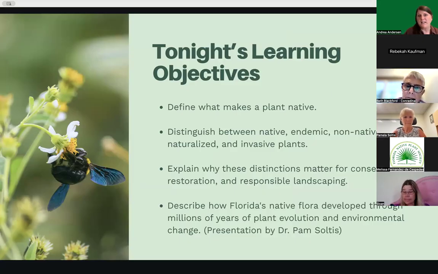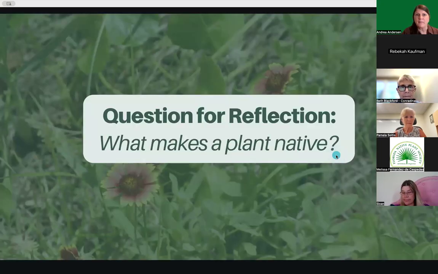Explain why these distinctions matter when it comes to conservation, restoration, and our own landscaping, and to think about how the native flora developed here in Florida in terms of evolution and environmental change, and that will be by Dr. Pam Soltis. Let's move to the next page.